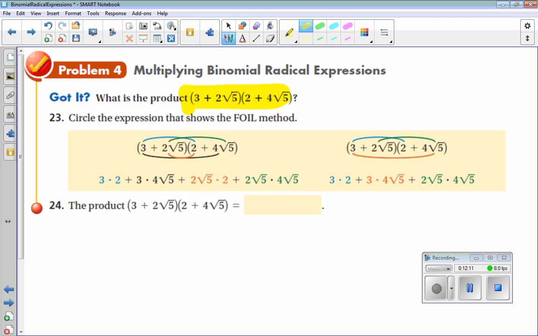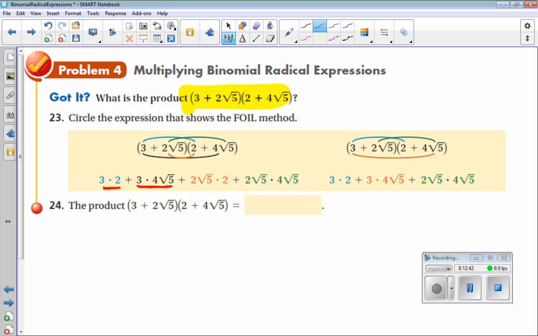And we're going to multiply them like I've multiplied any other binomials. Back when we were doing it with quadratic equations, we would multiply them using this FOIL technique, first, outer, inner, last. Or sometimes your teacher just distributed everything. Same thing. If we look at this example here, I'm going to take the 3, and I'm going to multiply it by the 2, and multiply it times the 4 radical 5. 3 times 2 plus 3 times 4 radical 5.